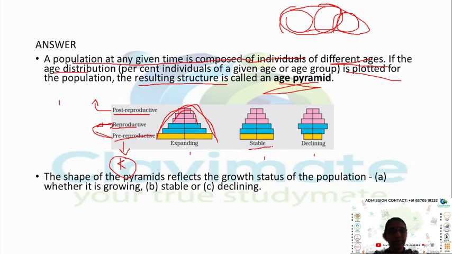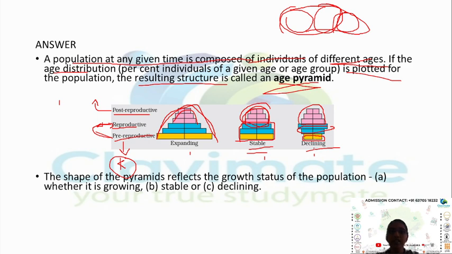And the stable. In the stable, what you see is pre-reproductive and reproductive phases are almost equal, and you see post-reproductive is lesser always. So this is a stable population. And declining population: you have pre-reproductive phase as the smallest number of individuals, and reproductive phase has also decreased when compared to these both, and post-reproductive phase we have here.